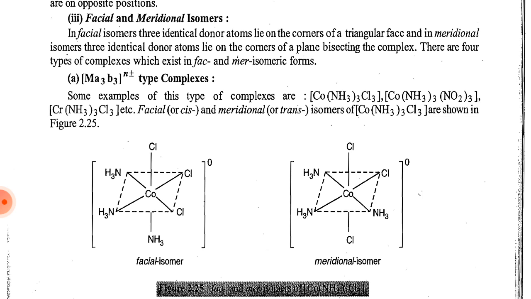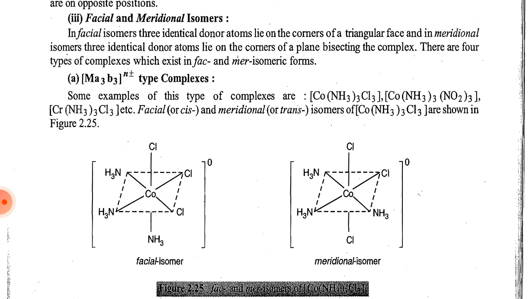But in meridional, the three same donor atoms are there, and they also occupy corners, but the corners of a plane bisecting the complex. If a plane is bisecting the complex, in its corners the three same ligands will be there.